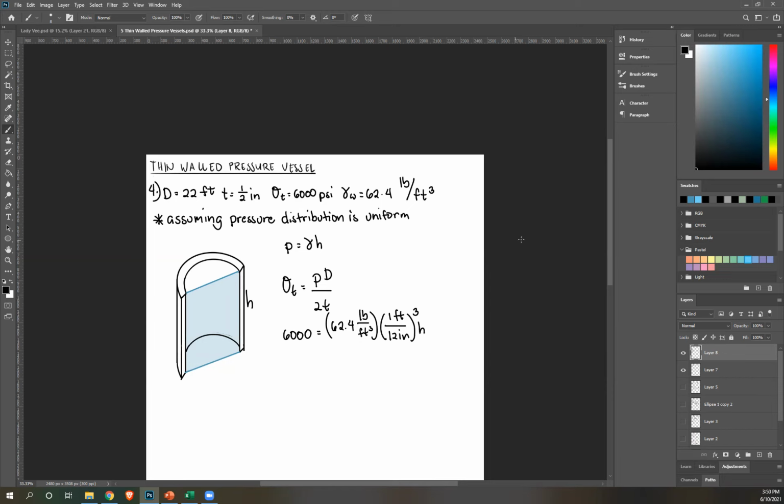Next, H, times D. D is 22 feet, and once again, convert 22 feet to inches. So 22 times 12, over 2 times the thickness, half an inch, so that's times 0.5. From this, we can solve for H. Please solve. What's H?